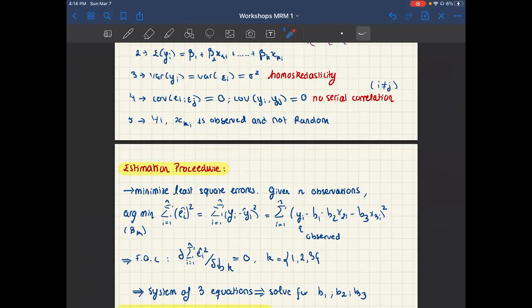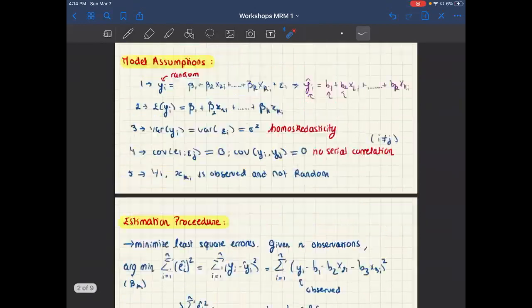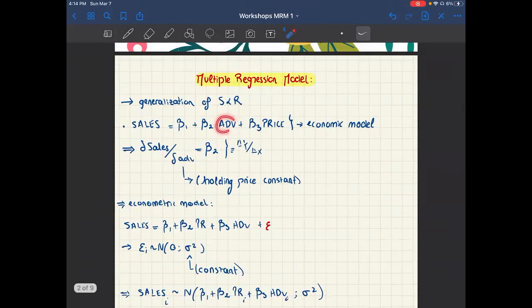And the last thing that we said, which was quite intuitive, is that the independent variables, in our example advertising and price, are observed and not random. So we have data points and values regarding these variables.